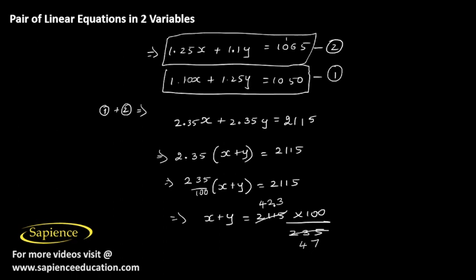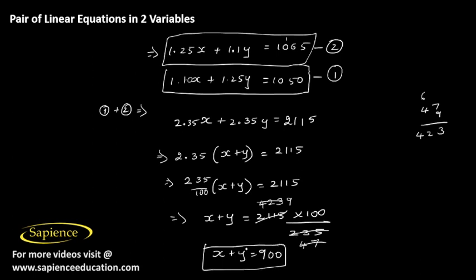Now this number 423 is divisible by 47. 47 times 9: 9 sevens are 63 and 9 fours are 36, 36 plus 6 is 42. So 423 will go 9 times with 47. So the value of x plus y is 9 times 100, 900. We will call this the third equation.